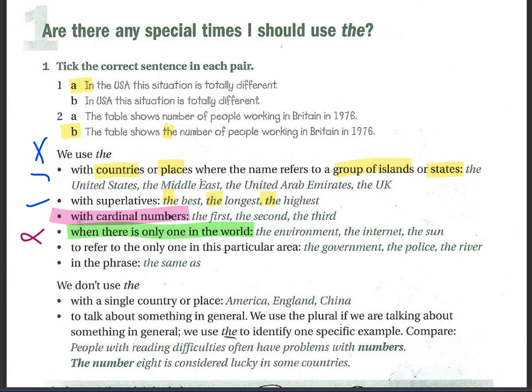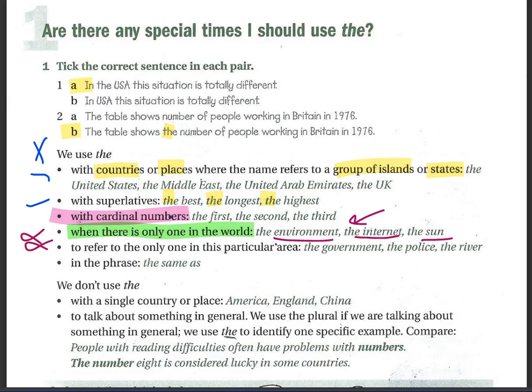Look at the examples. The environment, the internet, the sun. So be careful. We also use the when we want to talk about the internet. Can you connect to the internet?